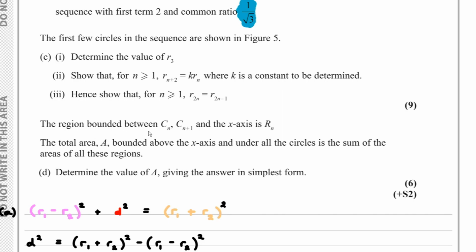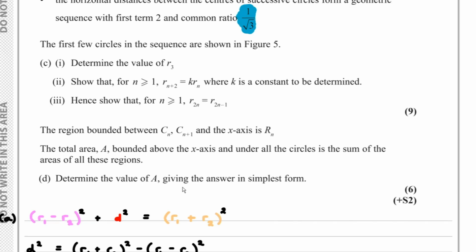The region bounded between Cn plus 1 and the x-axis is Rn. The total area A bounded above the x-axis and under all the circles is the sum of the areas of all these regions. Part D, determine the value of A, giving the answer in simplest form.